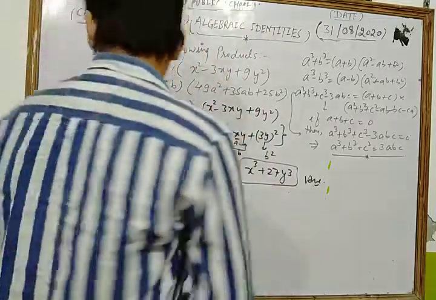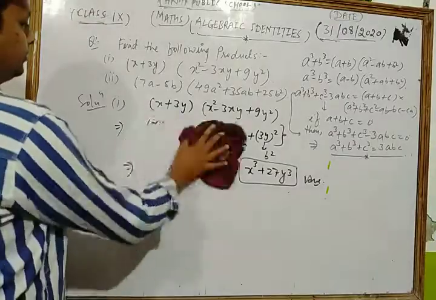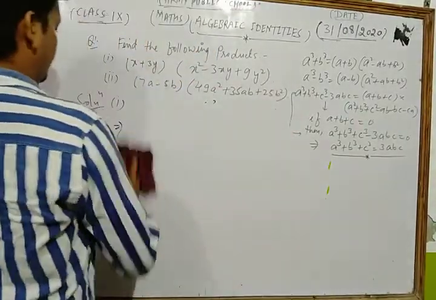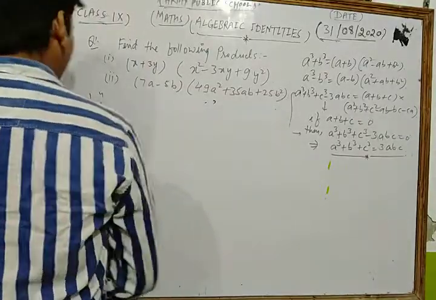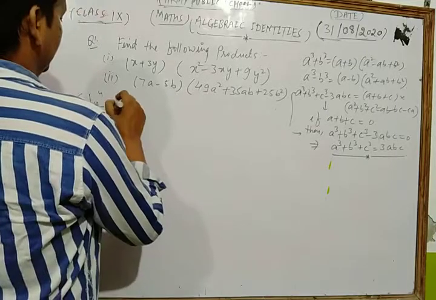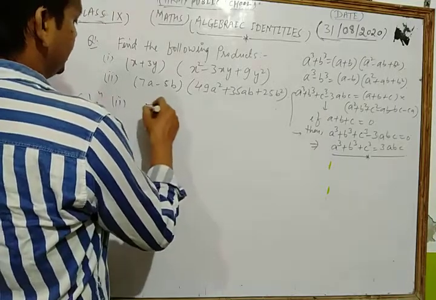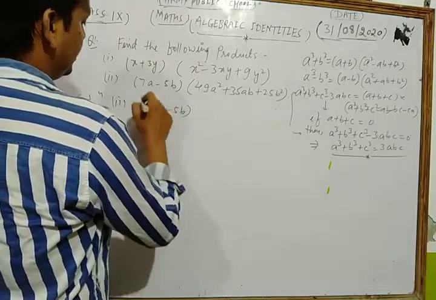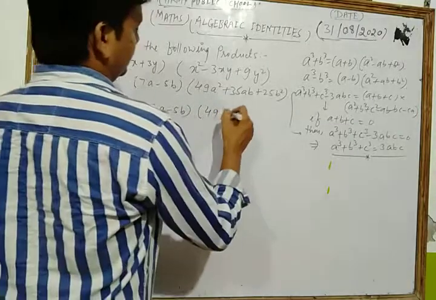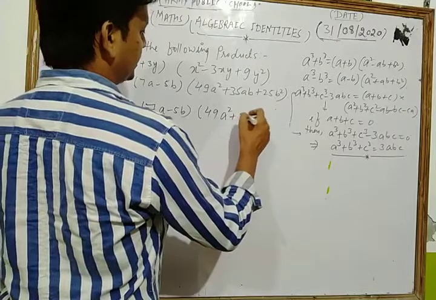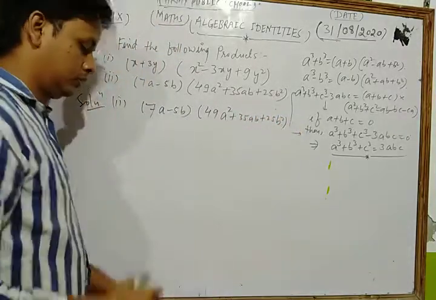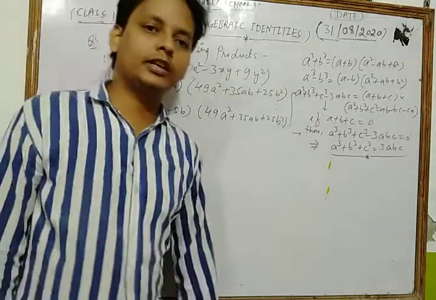Now we take and solve the second part of this question. First we write the given question as 7a minus 5b, and in another bracket 49a square plus 35ab plus 25b square. Now dear student, what do I do?